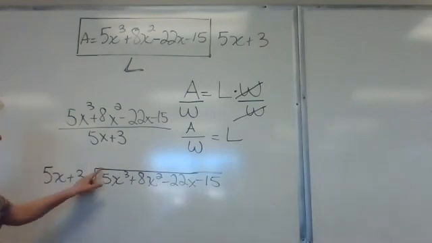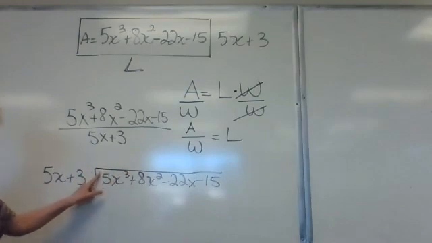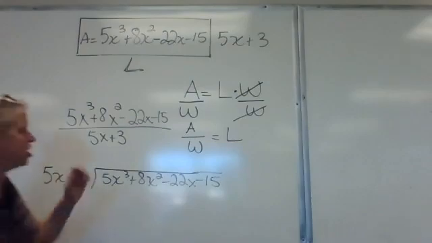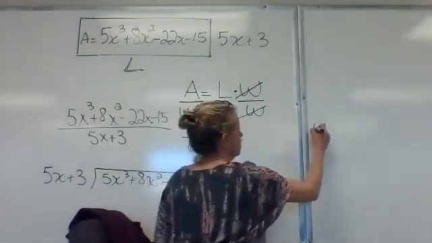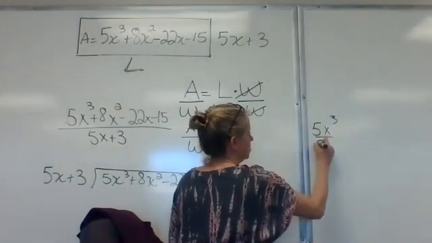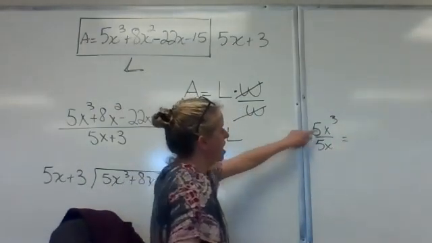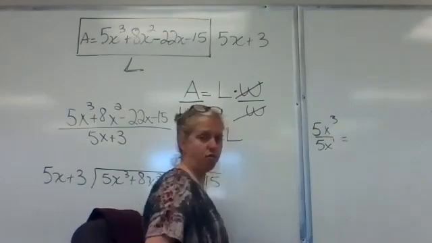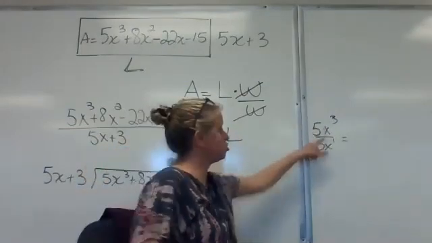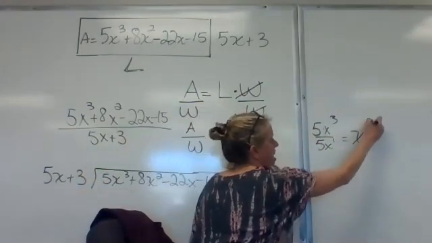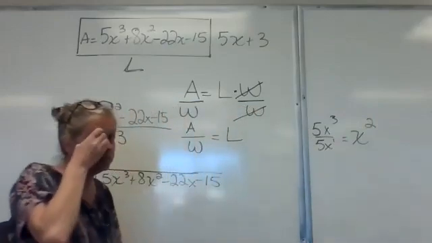First things first, whatever this term is, put it over this first term. So I have 5x to the third over 5x. So my 5's cancel. I've got x to the third over x to the first. So if I subtract those exponents, I'll have x squared.